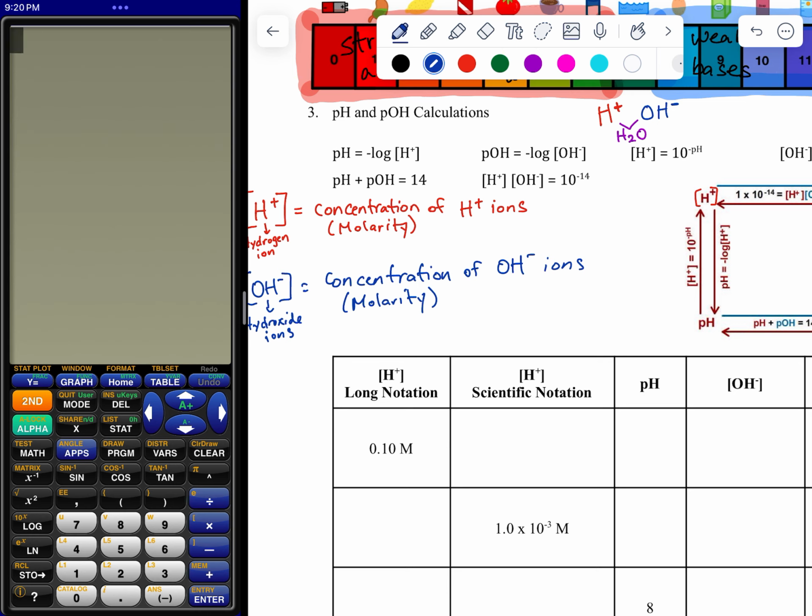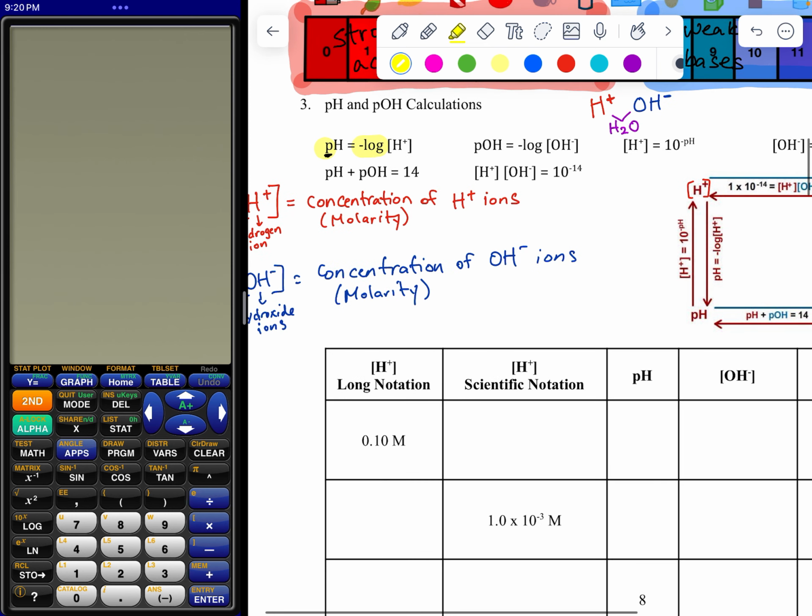And it also shows you another thing where this term P, right, if I wanted to just isolate P here, that P means negative log in math. So when you talk about pH, you're really talking about negative log of the hydrogen concentration. And same with pOH, where it's the negative log of the OH concentration of ions.